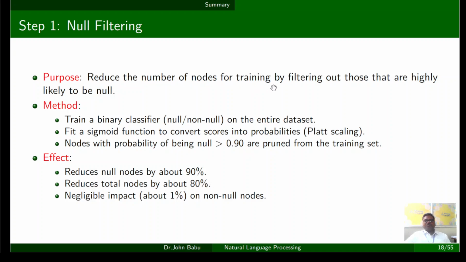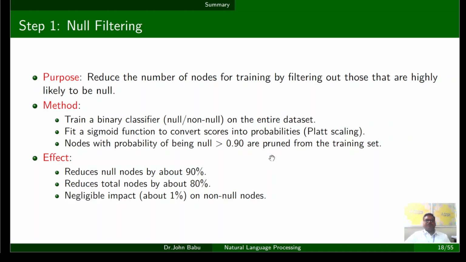Reduce the number of nodes by filtering out those that are highly likely to be null. So train the binary classifiers on the entire data set, and fit a sigmoid function to convert the scores into probability. This is known as Platt scaling. If the probability of being null is greater than 90%, then those nodes are pruned from the training set.